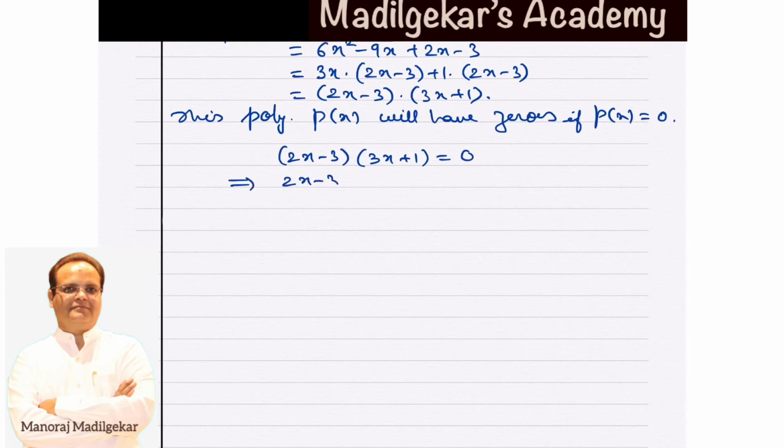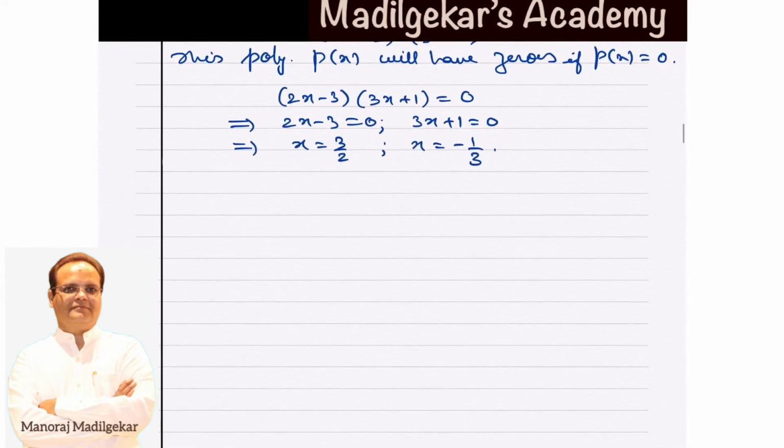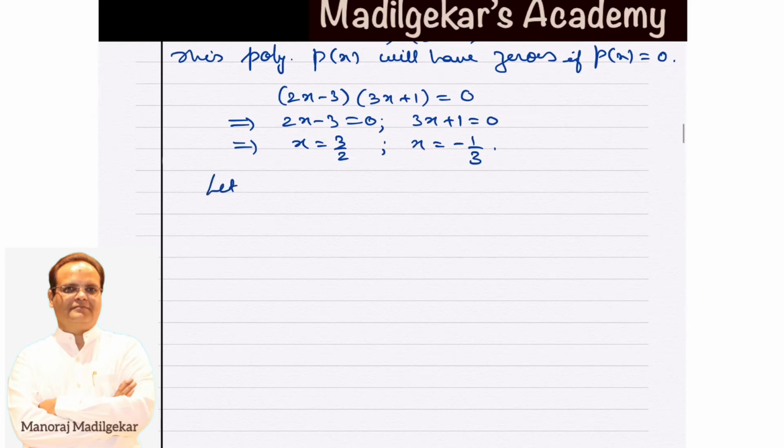That is 2x minus 3 equals 0 and 3x plus 1 equals 0. That is x equals 3 by 2 and the second value is minus 1 by 3. Let us denote these terms by alpha and beta. So alpha is 3 by 2 and beta is minus 1 by 3.